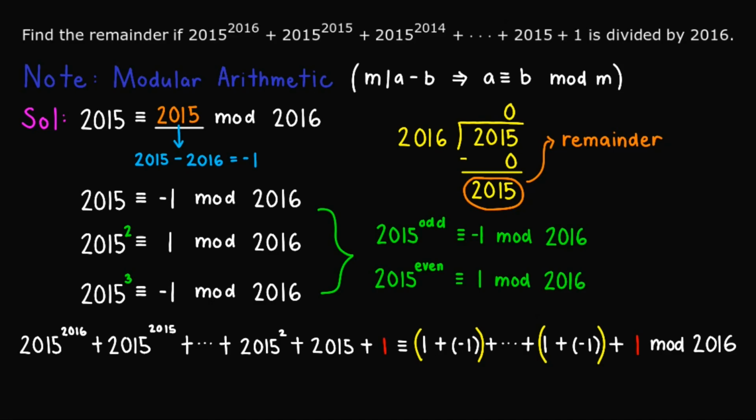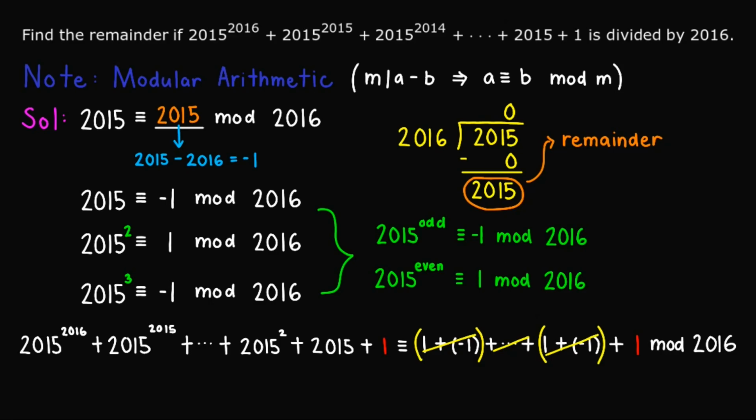So 1 plus -1, we know that this just becomes 0. And it is also the same for the terms inside, then 1 plus negative 1 out here will also be 0.